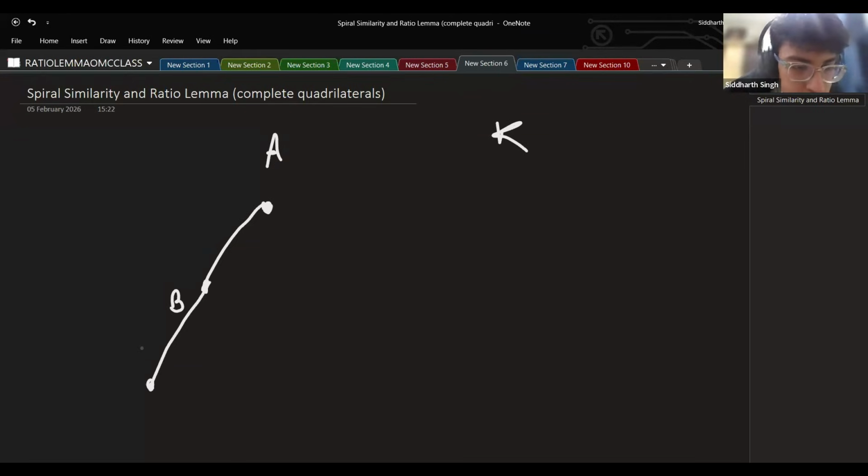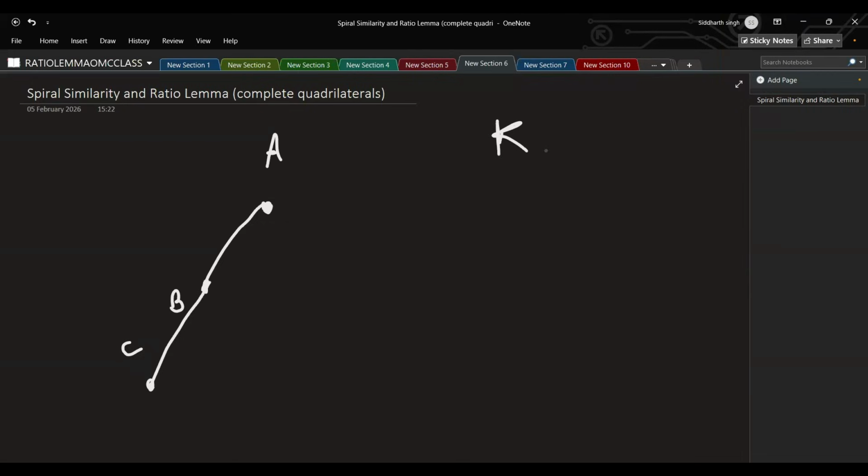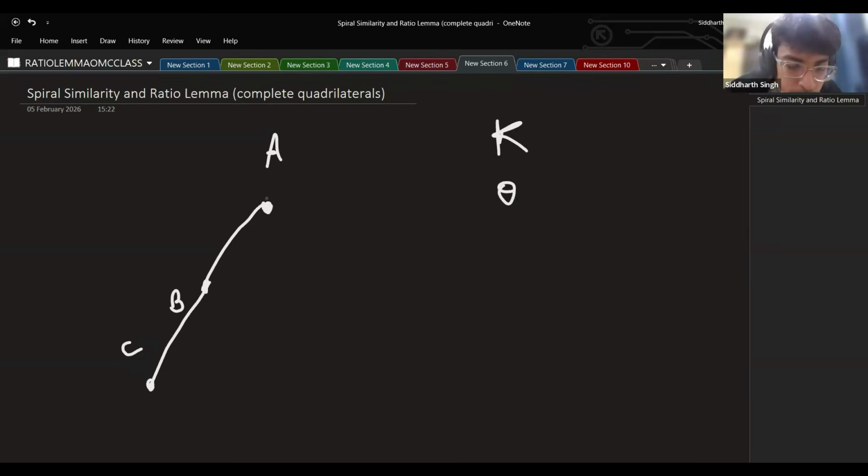Do you know what a rotation is? Yeah. So suppose after rotation by some angle theta, B goes to B dash.